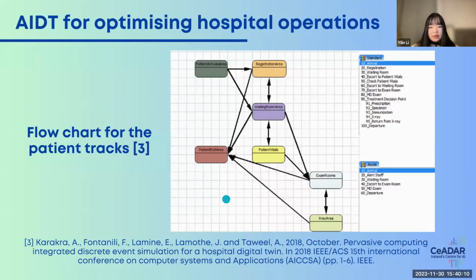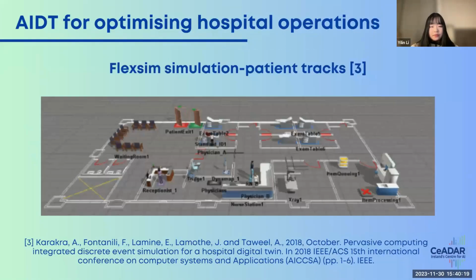And this is to build the patient's pathway flow chart. And this diagram shows the 3D simulation model of a hospital patient pathway. You can see here, different scenarios can be tested in this software before the actual application.